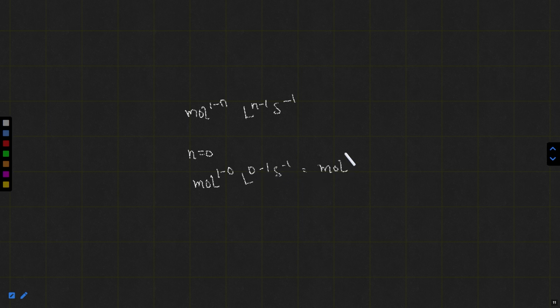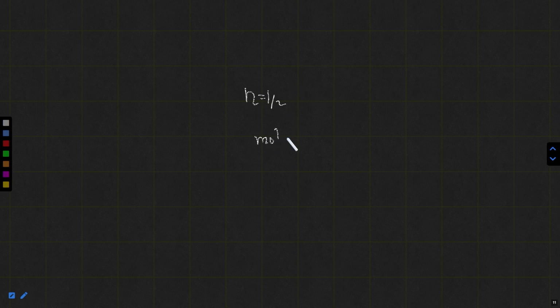That is mole to the power 1, liter to the power minus 1, and per second. So this is our unit for a zero order reaction. Suppose we have a half order reaction. I told you earlier that the order of reaction can be fractional. So this would be mole 1 minus 1 by 2, liter 1 by 2 minus 1, per second. That gives us mole to the power half, liter to the power minus half, and per second.